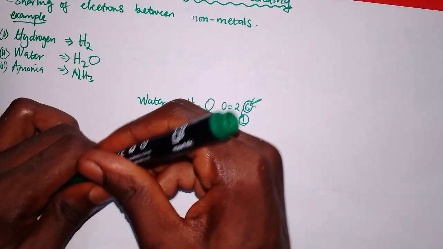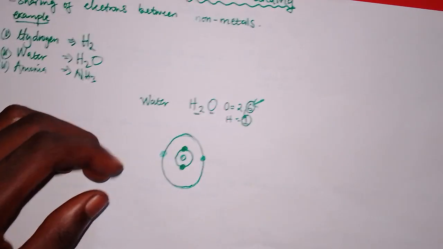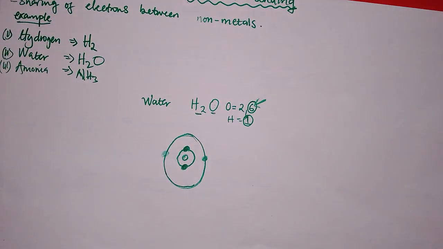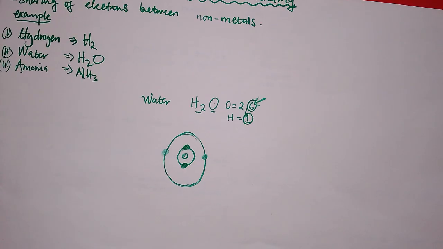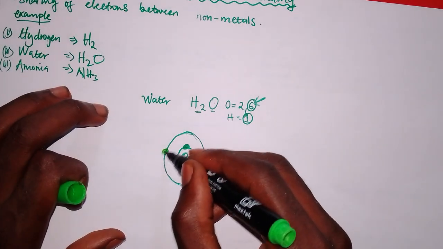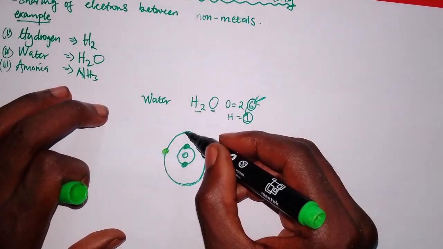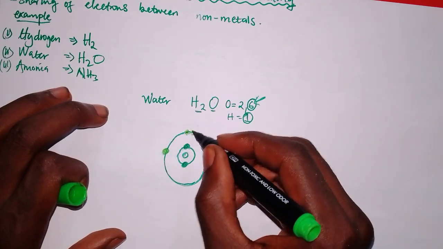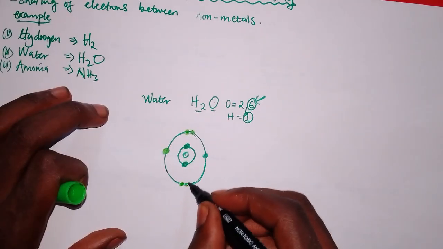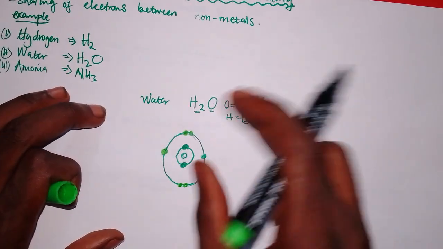Remember, covalent bonding is the sharing of electrons, so the atoms are sharing electrons. Then you count 1, 2, 3, 4, 5, 6, so we have 6.